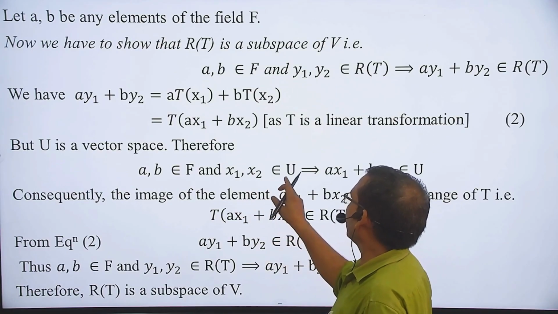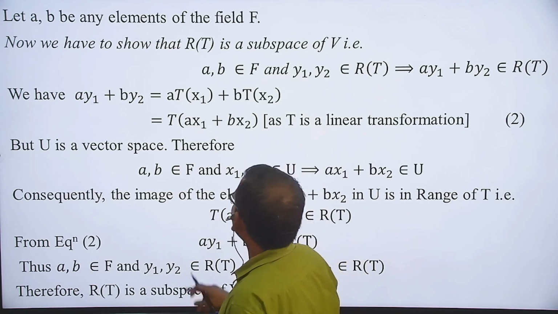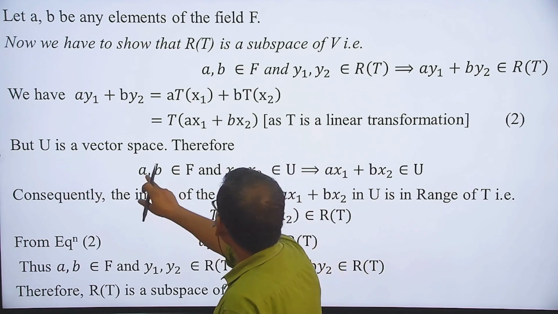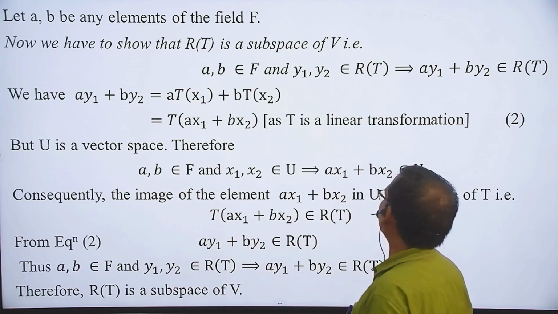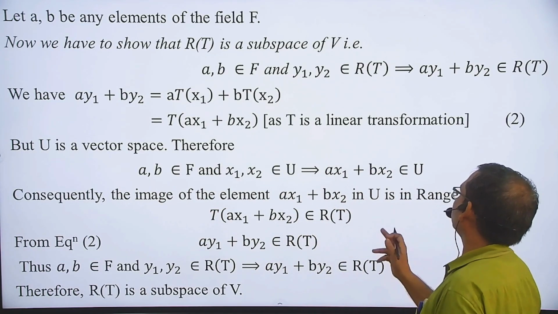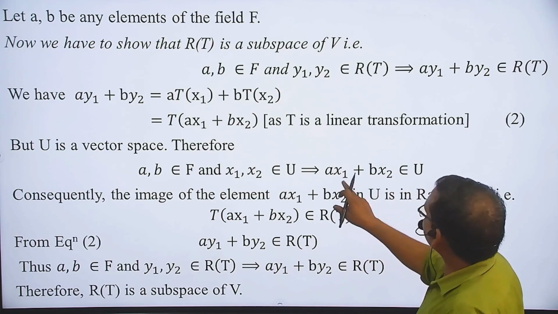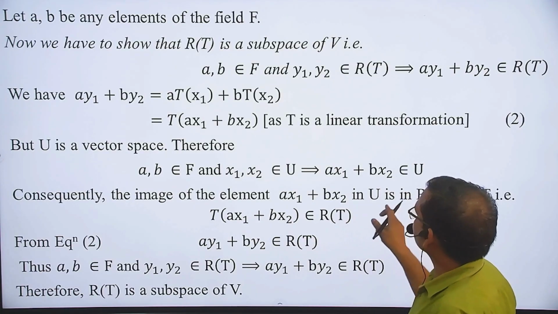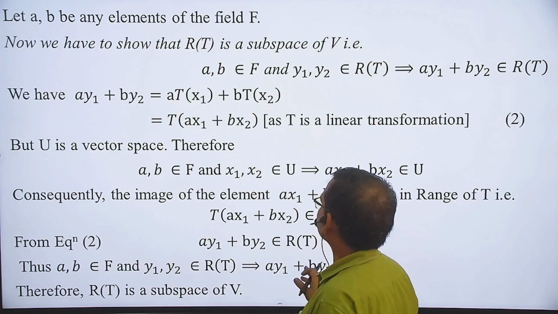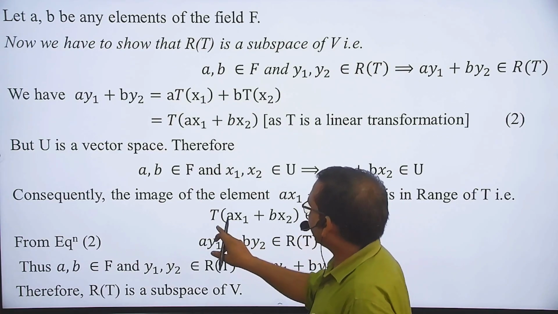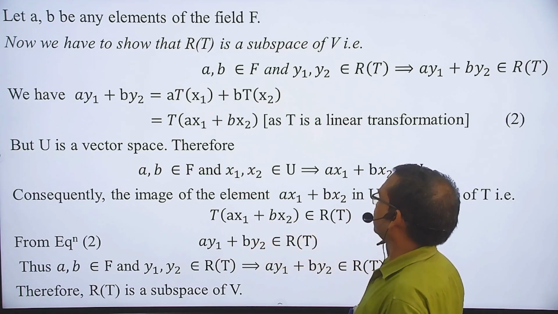So scalar multiplications a x1 and b x2 and the vector addition a x1 plus b x2 also belong to U. If a x1 plus b x2 belongs to U, then its image is also in R(T). That means T(a x1 plus b x2) belongs to R(T).